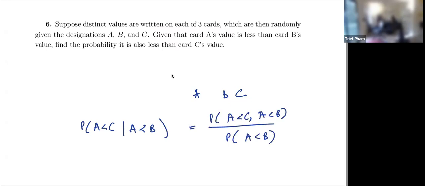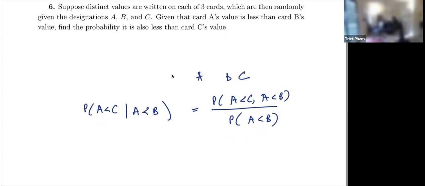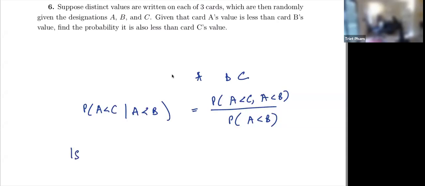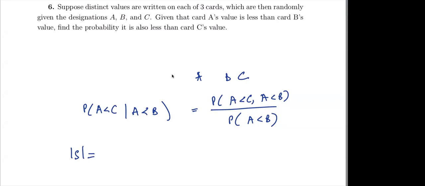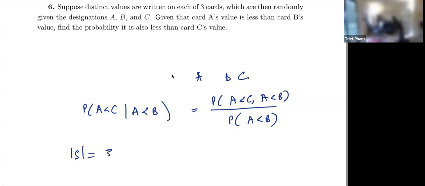All right, so what do you think? Which one do we want to do first? Or let's say, what is the size of the sample space here? This is just 3 factorial. Yeah, counting is always safe. All right, so which one do we want to do first? Let's try A less than B. Oh, you know what? Actually, this, as you'll see, will be easier.